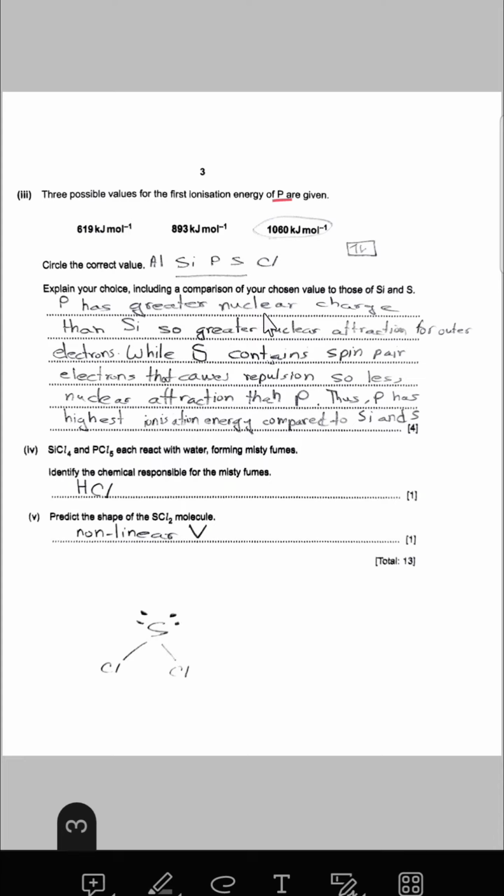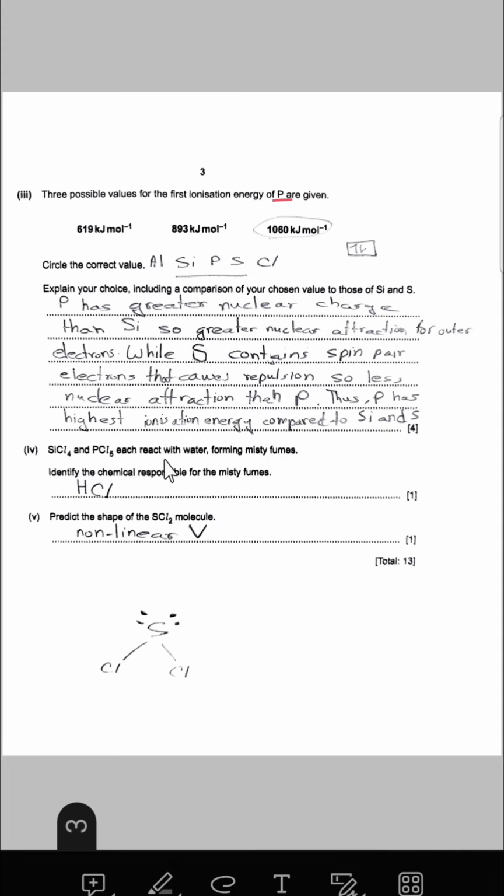Phosphorus has a greater nuclear charge than silicon, so greater nuclear attraction for outer electrons, while sulfur contains spin-paired electrons that cause repulsion, so less nuclear attraction than phosphorus. Thus phosphorus has the highest ionization energy compared to silicon and sulfur.